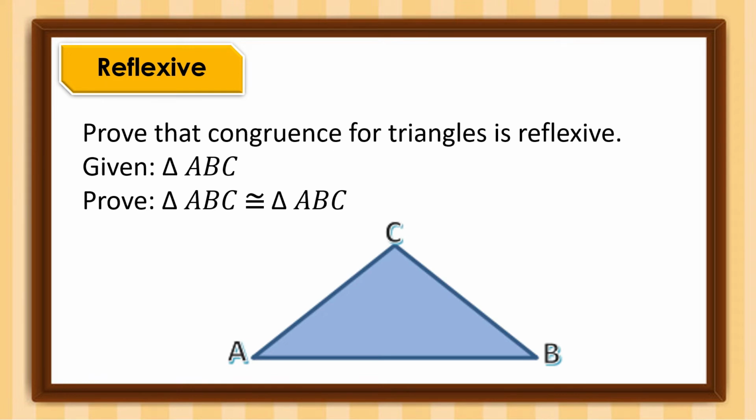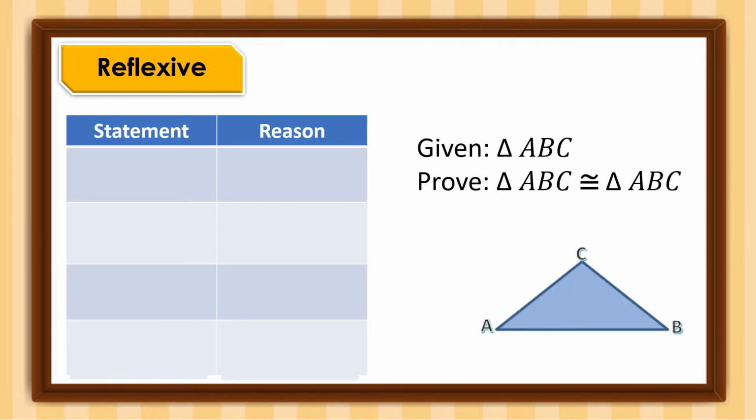Now, let us first prove that congruence for triangles is reflexive. So, given here a triangle ABC, we will prove that triangle ABC is congruent to triangle ABC. Are you ready? Yes! Let us start proving. So we have here the given, which is triangle ABC, and we will prove that triangle ABC is congruent to triangle ABC.